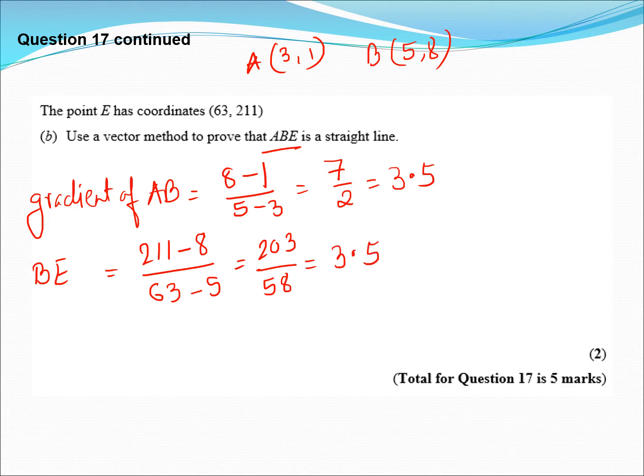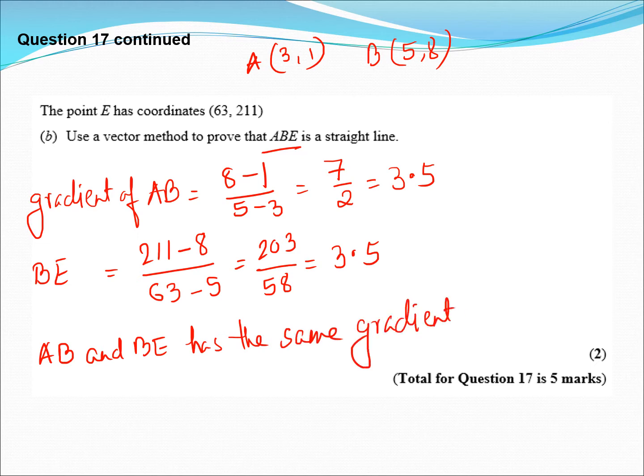So I do 203 divided by 58, which eventually gives me 3.5. So you see, AB and BE have the same gradient. Okay, therefore they have to be parallel.